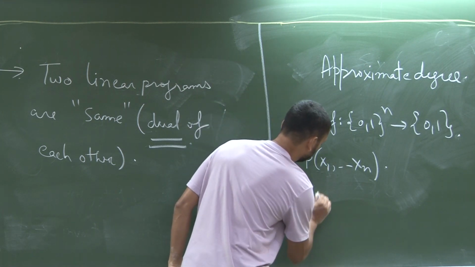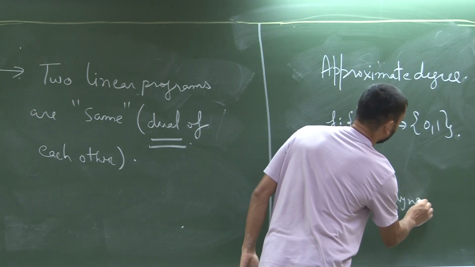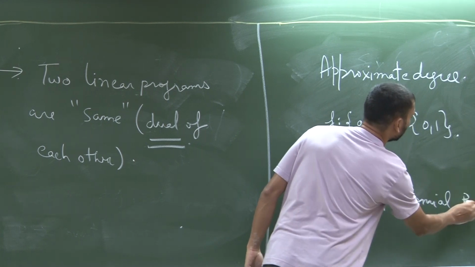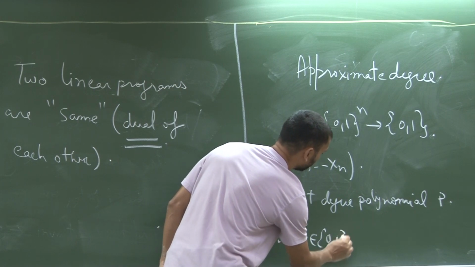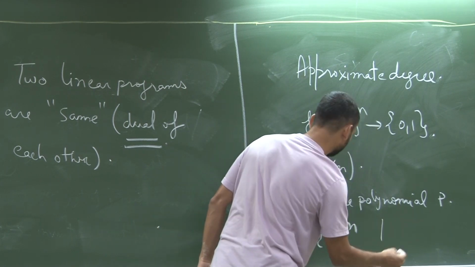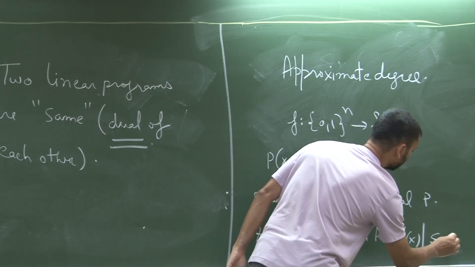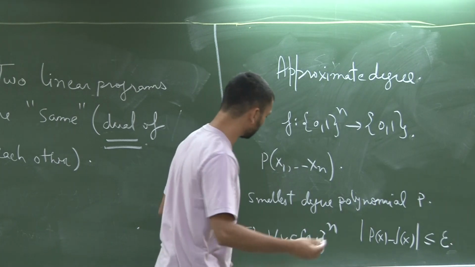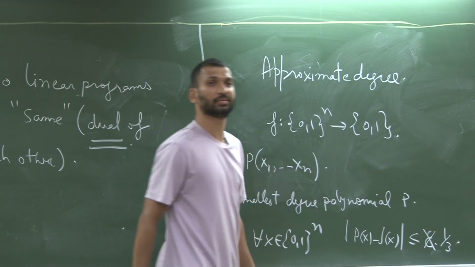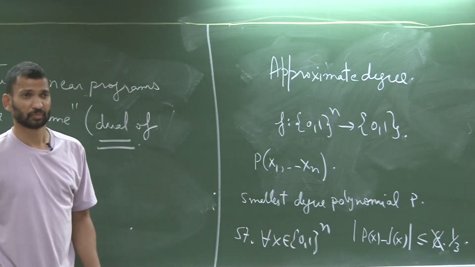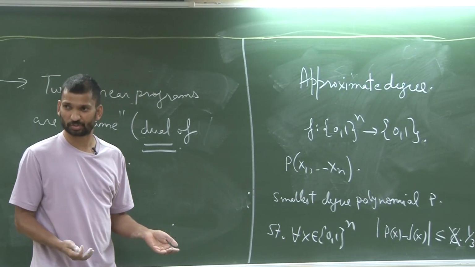You want a degree d polynomial p such that for all x, let us say the difference between p(x) and f(x) is less than some constant, and for us we will just say 1 by 3. Okay, so this is first the notion of approximate degree.